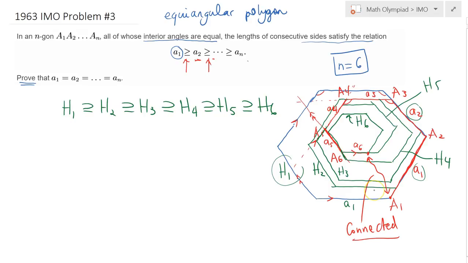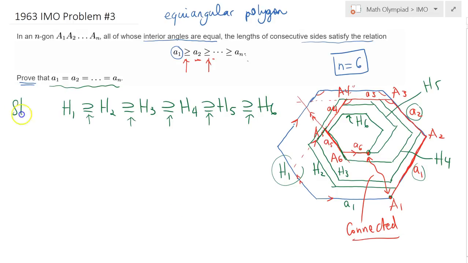Unless all the sides A1, A2, up to AN are equal to each other. Otherwise, if any of these transitions is strict, then there is no way that this hexagon will share a vertex with the first hexagon, right?